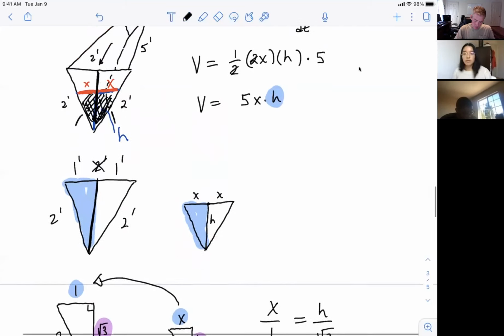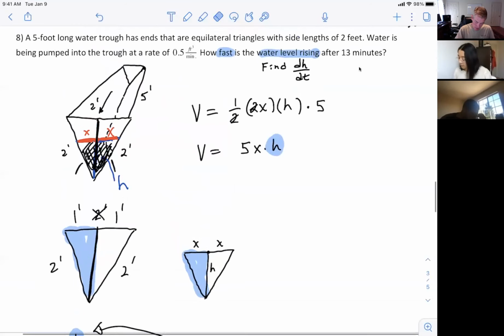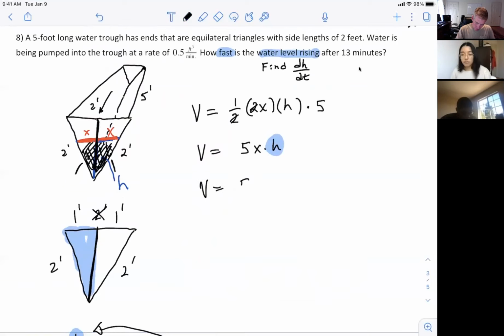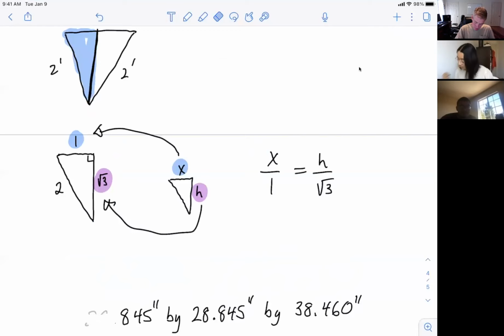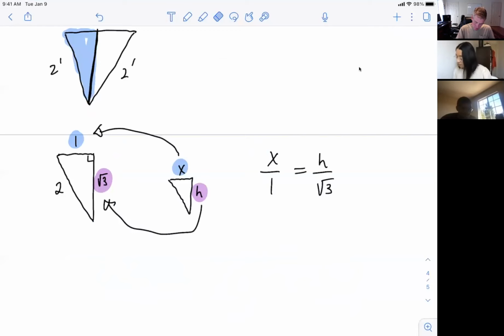So now back to our equation over here. So 5 times, and then, oh, actually I wanted to replace X, not H. So actually X divided by 1, that's already X. So X could be replaced with H divided by square root of 3.